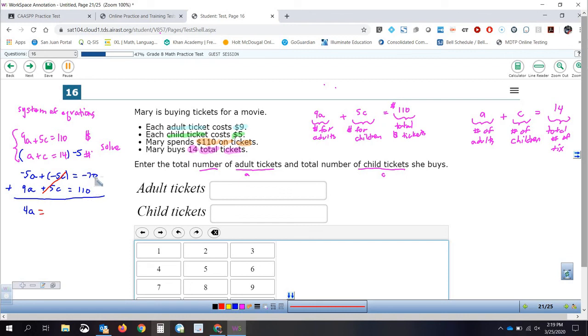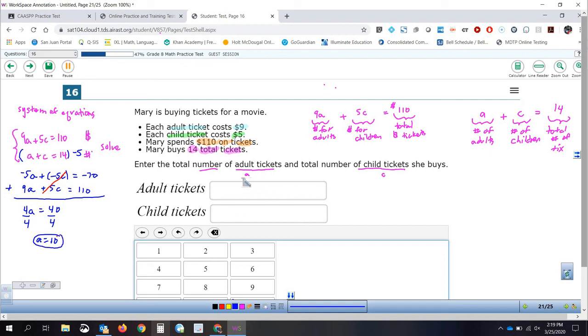And 110 minus 70. Well, 100 minus 70 would be 30, so 110 minus 70 is going to be 40. So I get the equation 4a equals 40. And it doesn't take a rocket scientist to know that A is going to turn out to be 10.